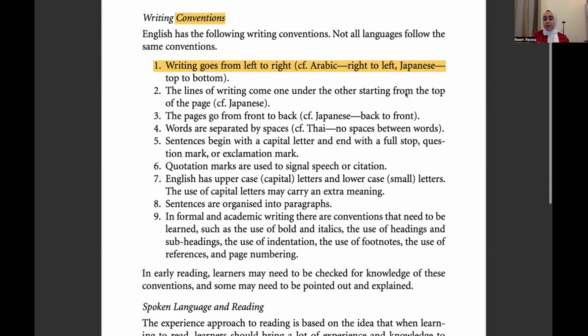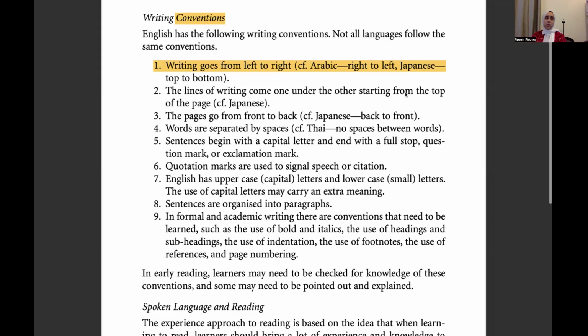Even in writing your research paper, sometimes I take words that I never paraphrase, and I take them as they are, so I should put them in quotation marks. English has uppercase, meaning capital letters, and lowercase, meaning small letters.